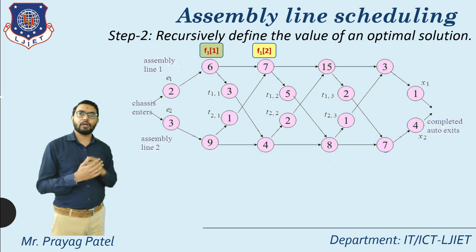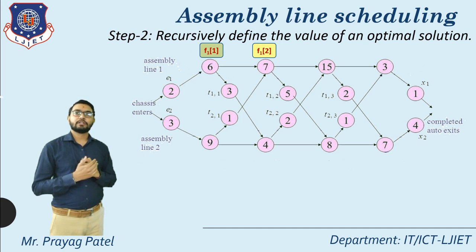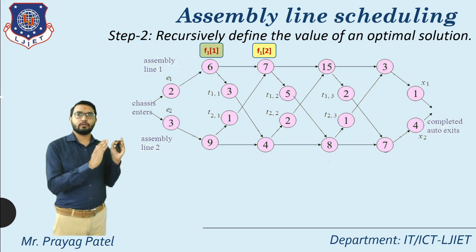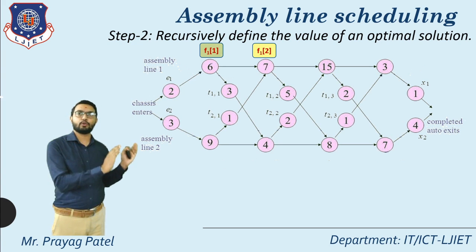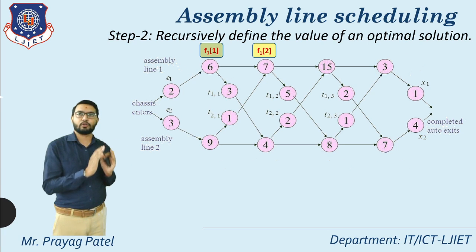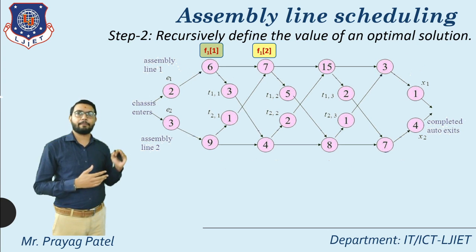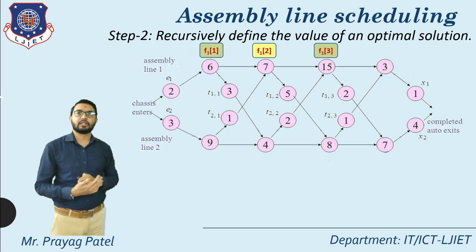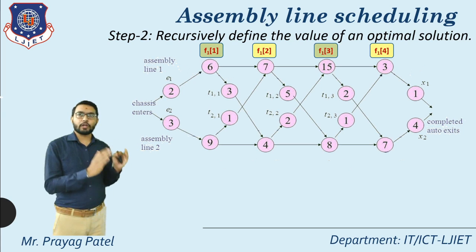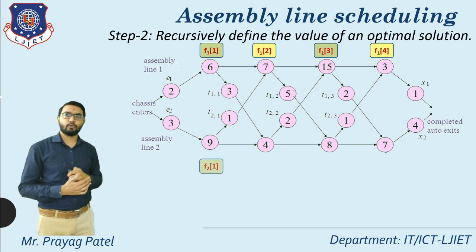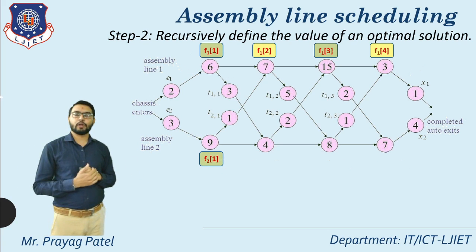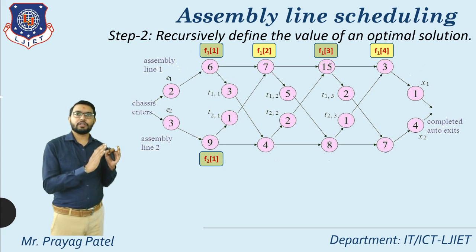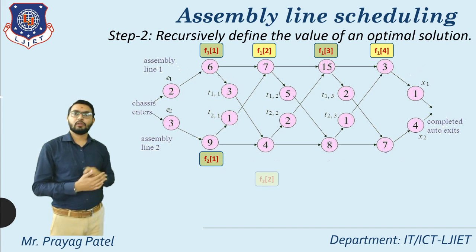Now next is F12. F12 means the total cost up to station number 2. Now next is F13. F13 means total cost up to station number 3. F14 means total cost up to station number 4 in line number 1. Now next is F21. F21 means total cost up to station number 1 in line number 2.